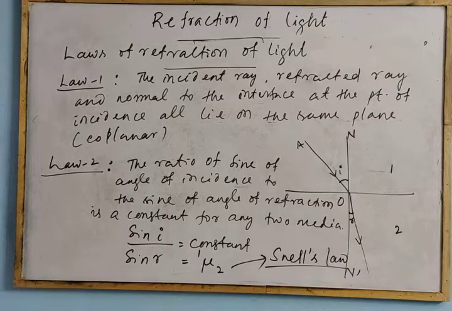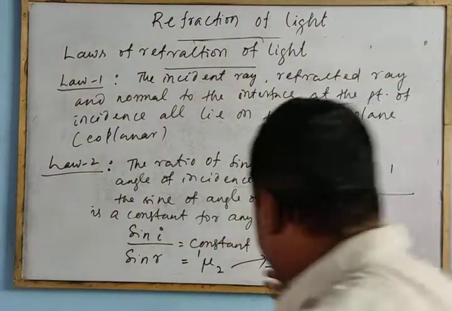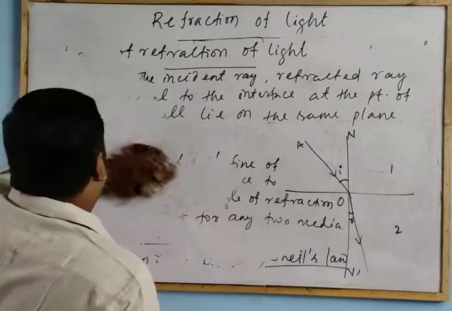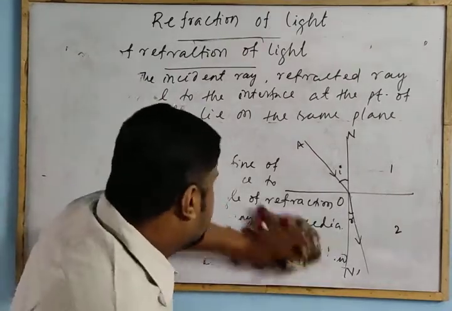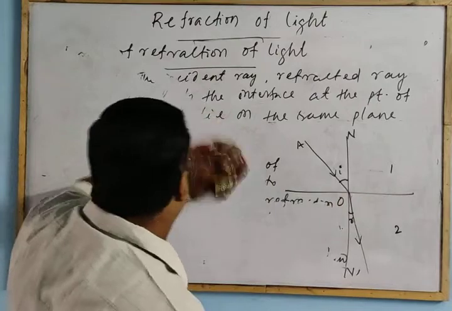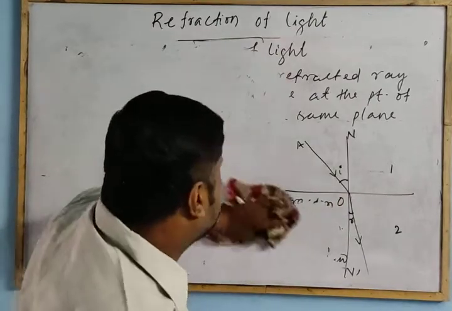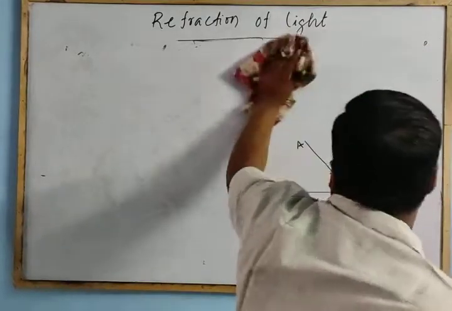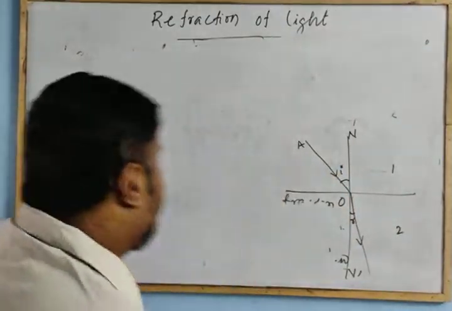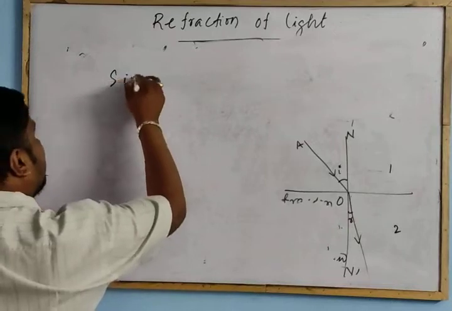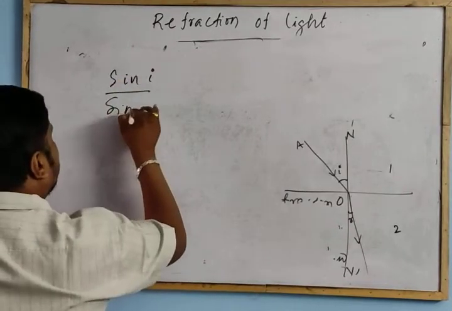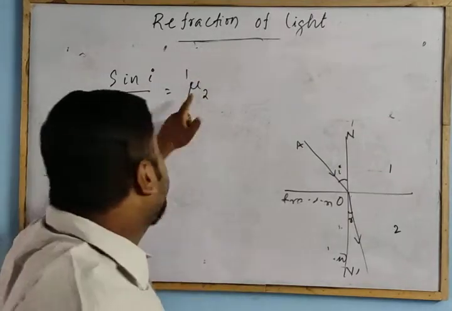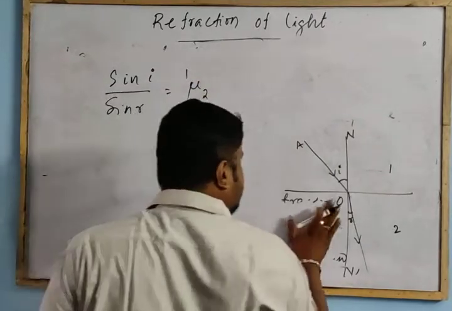Or you can write this again in another way. According to this second law, or you can say the Snell's law, sine I by sine R is mu 2 with respect to 1, the relative refractive index of 2 with respect to 1.